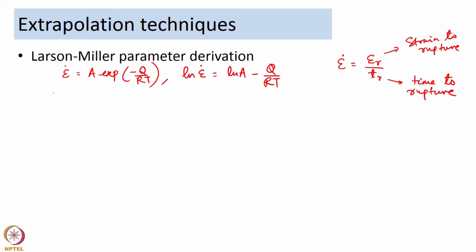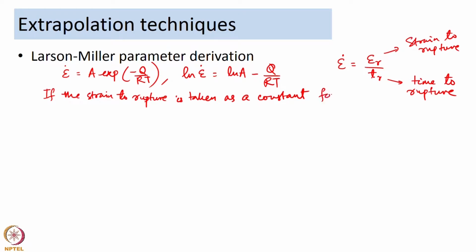Now, if the strain to rupture is taken as a constant for the temperature of interest, that is, if you are talking about a certain temperature range, you take the strain to rupture as a constant.